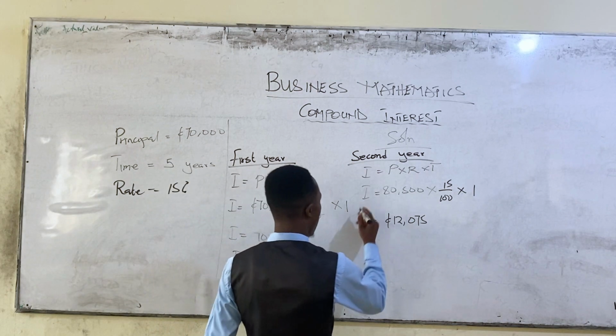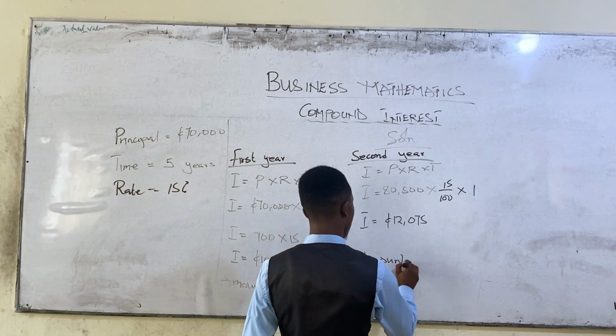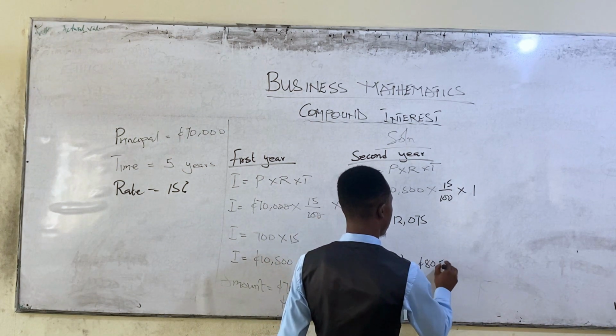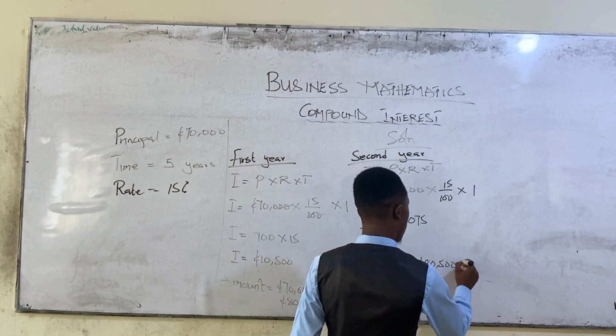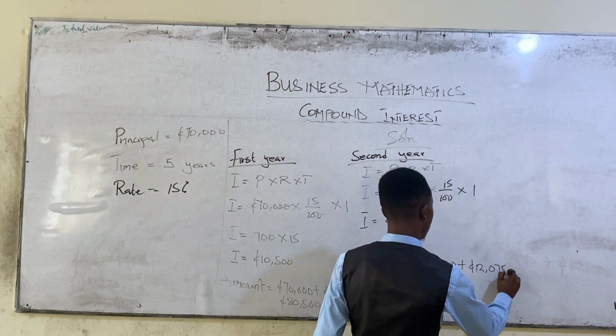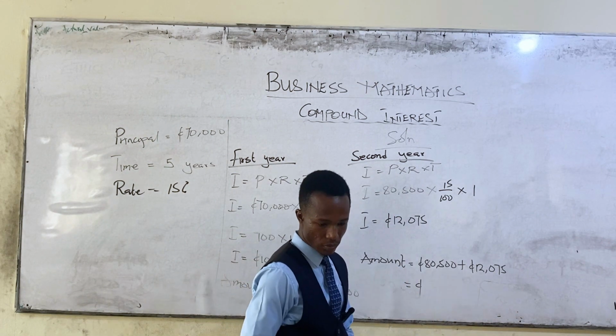So the amount is going to be 80,500 plus our interest, which is 12,075.